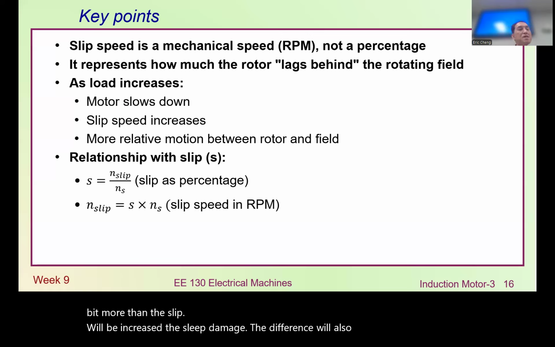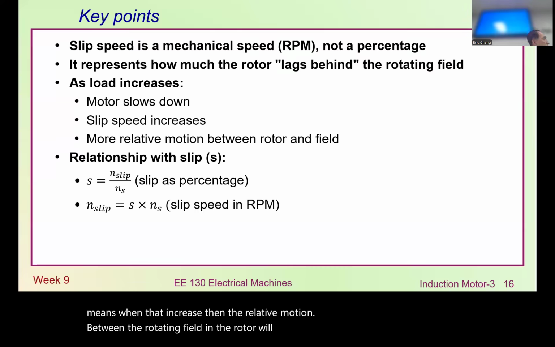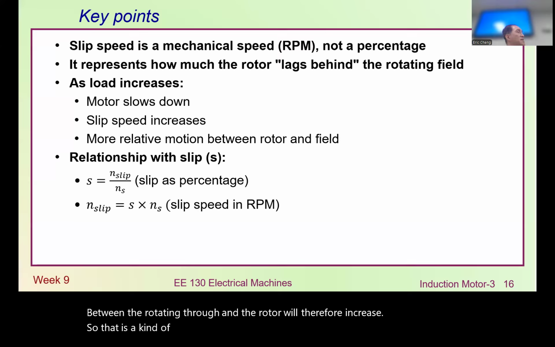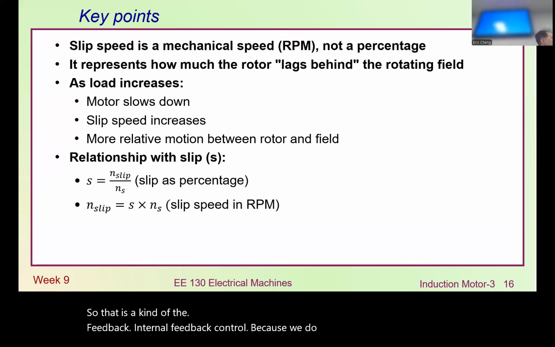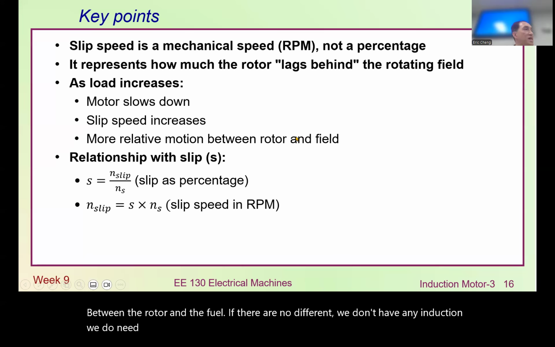And that means the relative motion between the rotating field and the rotor will therefore increase. So that is a kind of internal feedback control, because we do need a difference between the rotor and the field. If there's no difference, we don't have any induction. We do need that difference to create the induction. That's the principle for the induction motor.